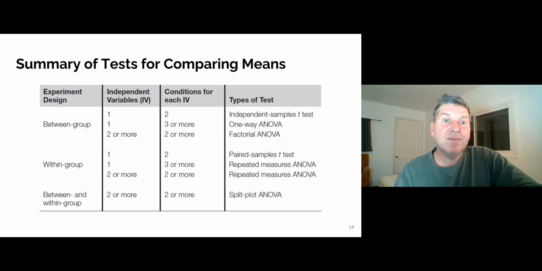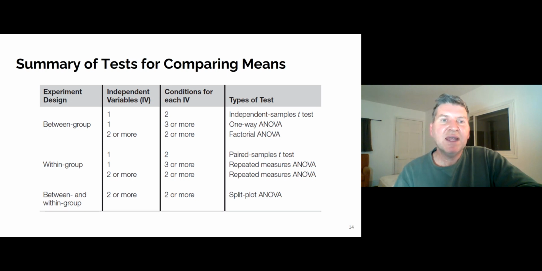So if we have a between group study and we have 1 independent variable and 2 conditions for that independent variable, we can use an independent samples t-test. And again, that has to do with the between group study. If we have a within group study, we have 1 independent variable and 2 conditions, we'd use the paired samples t-test.